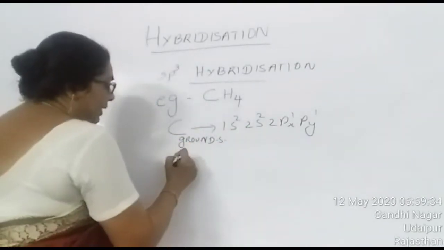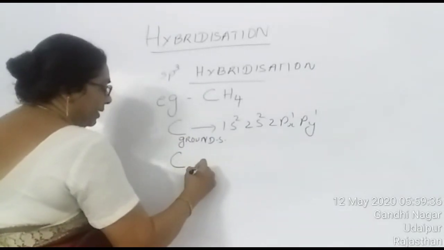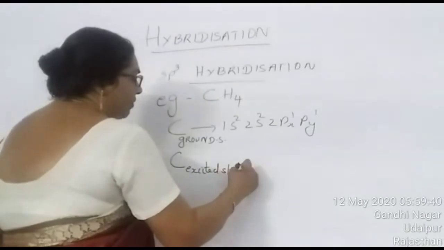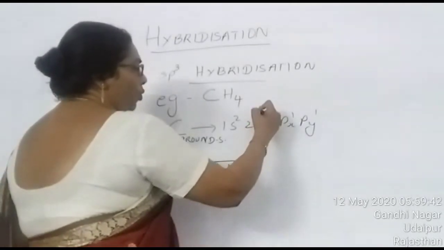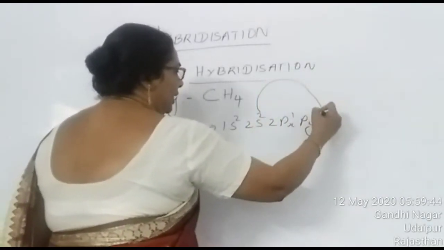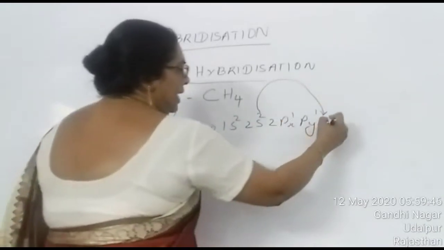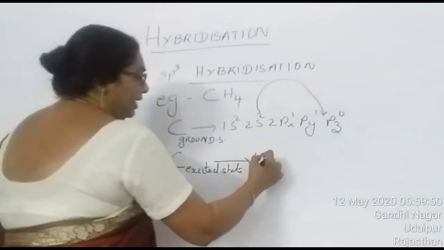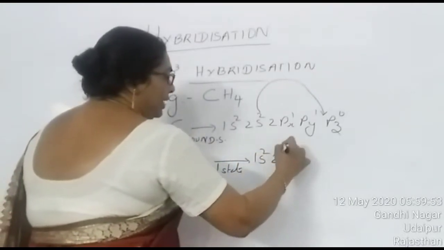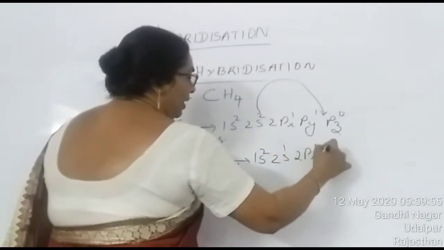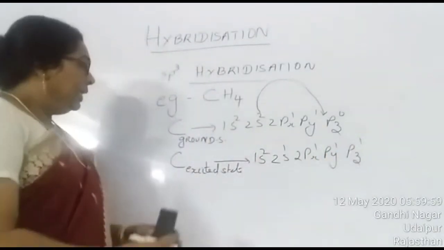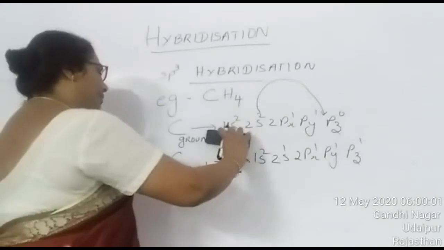Now we can consider the excited state. In the excited state, one electron from the 2s orbital will jump to the next p orbital, that is the pz orbital, which is vacant. So the configuration becomes 1s2, 2s1, 2px1, 2py1 and 2pz1.